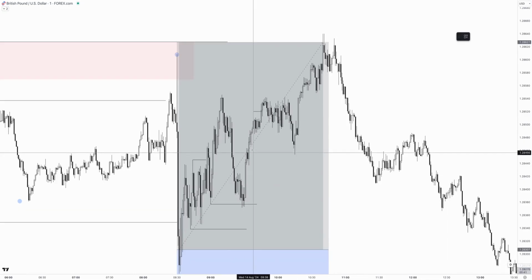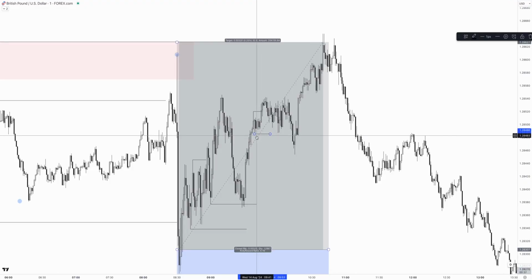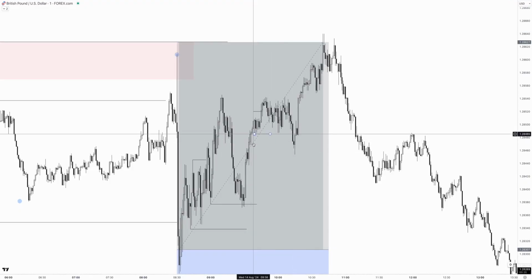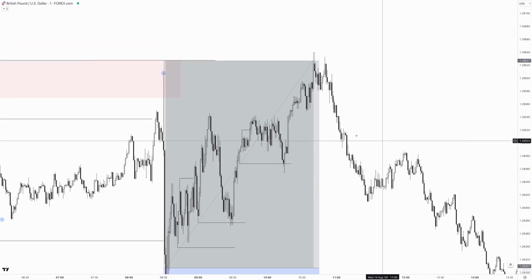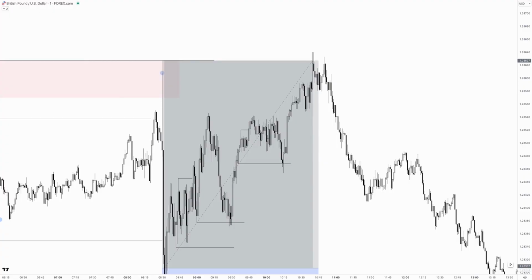And then the market respected this area right here. To be honest, you can even see this low right here was respected, and then this low being the liquidity block right underneath a trap.